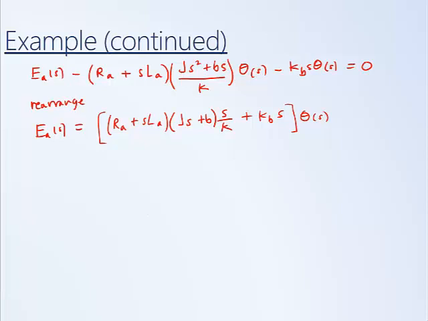Then one more step to rearrange it into the form output over input. The output is theta of S, the input is EA of S. So if I divide EA of S to the right hand side, I'm left with a 1 on the left hand side. And then I take this whole quantity and I divide it to the other side.